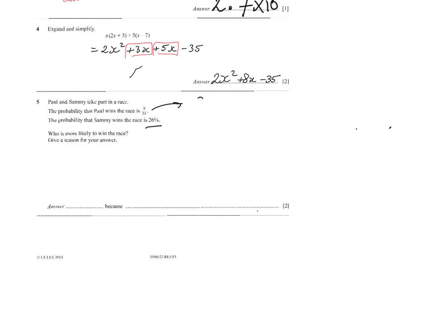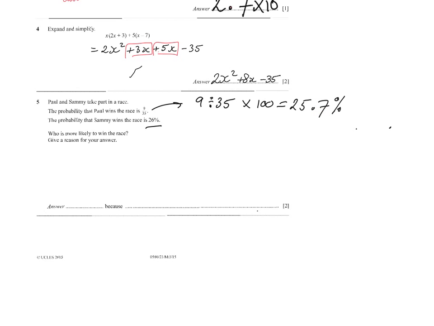So in my calculator I can do 9 divided by 35, and I'm going to times that by 100, and then my calculator is going to give me 25.7. So as a percentage, the 9/35 is 25.7%. Now I can compare the probabilities easier, and I can see that the probability that Sammy wins is slightly higher than if Paul wins.